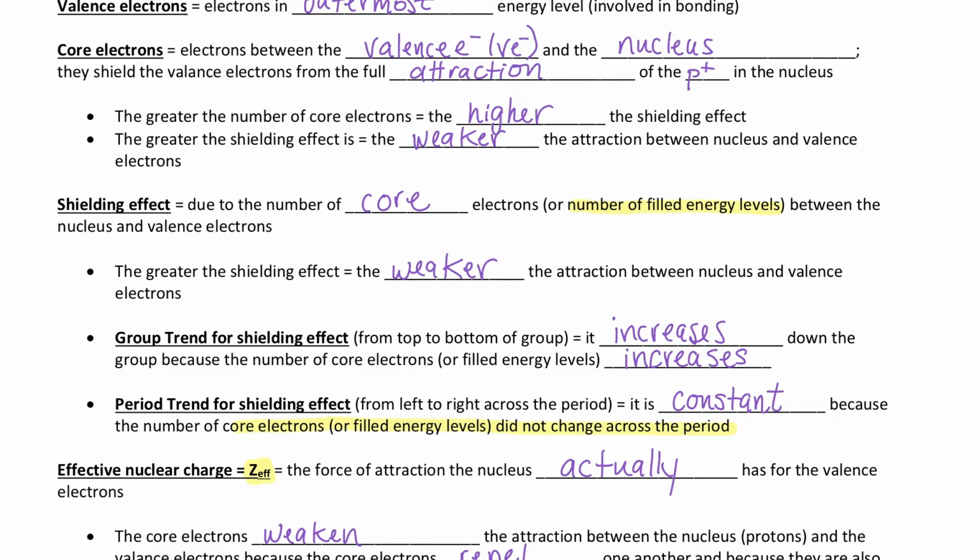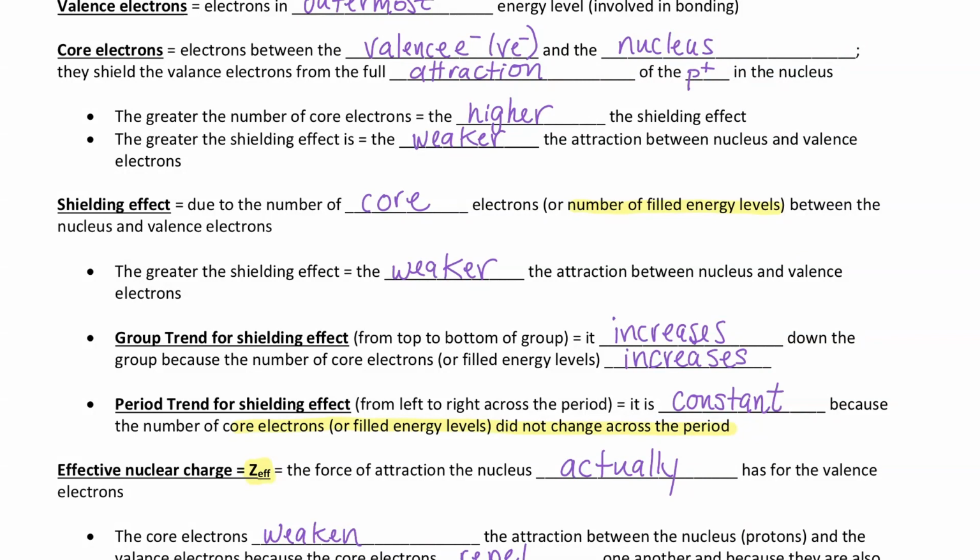As we stay in the same period and keep that constant, but we add more protons, the effective nuclear charge or the core charge is going to increase, and that increases attraction for the electrons to the nucleus. Being able to understand that in the context of Coulombic attraction, how it changes with distance from the nucleus, slash number of core electrons, slash shielding, and how it is affected when that stays constant, but the number of protons in the nucleus increases.